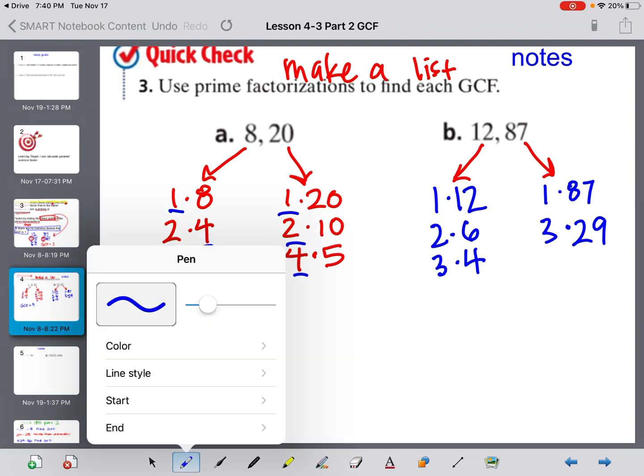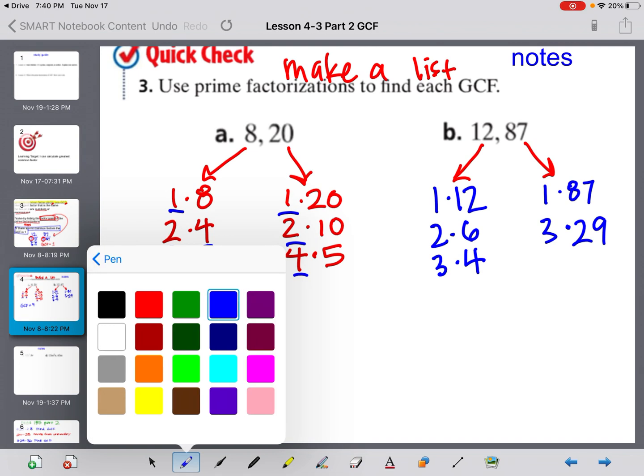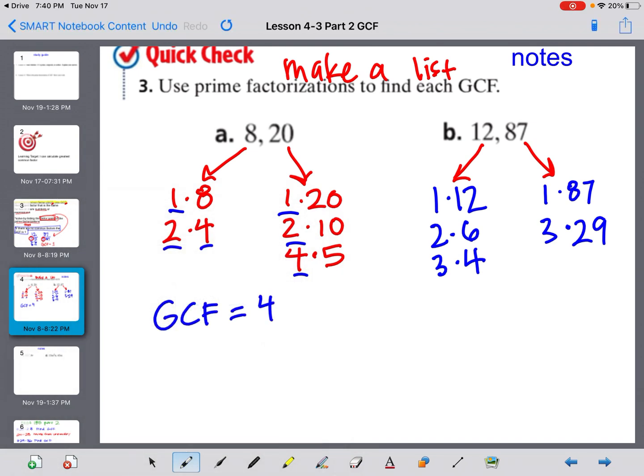Okay, now here's a little trick. I'm looking at my choices and I can use my 12 to help me. So we have 1, 2 didn't work. We have 3, 4. Could I put a 4 here?